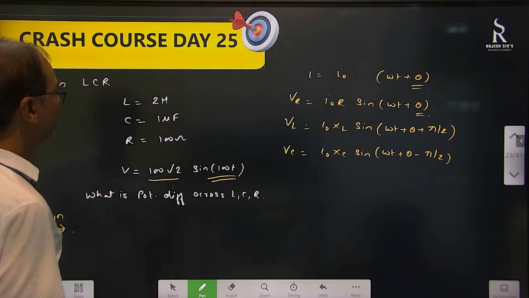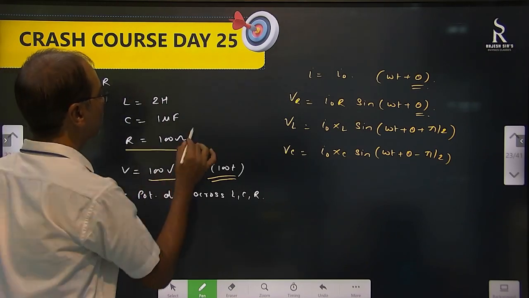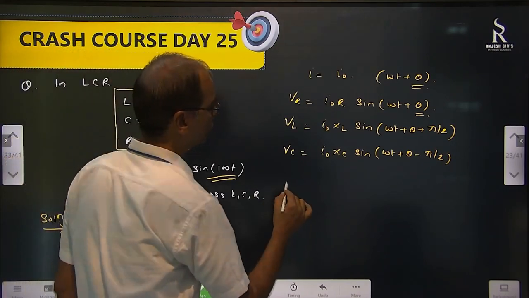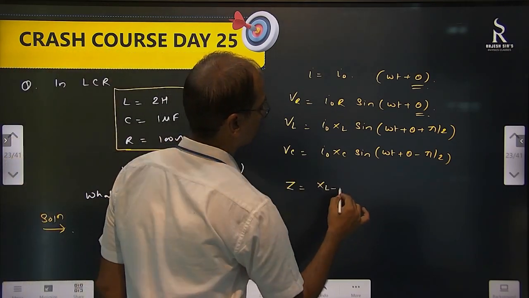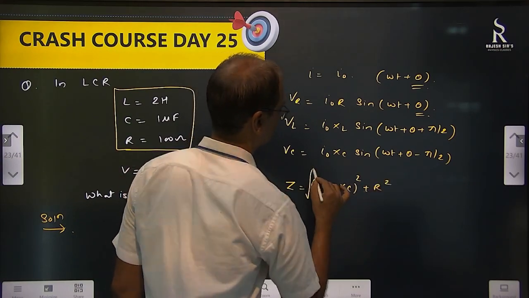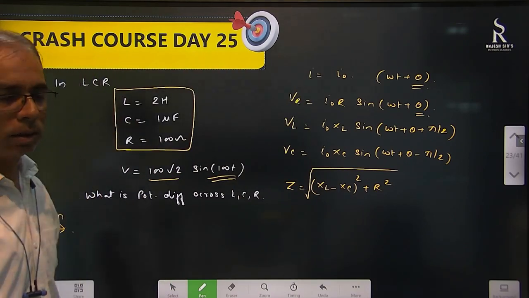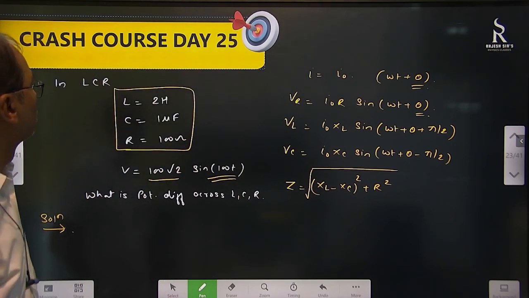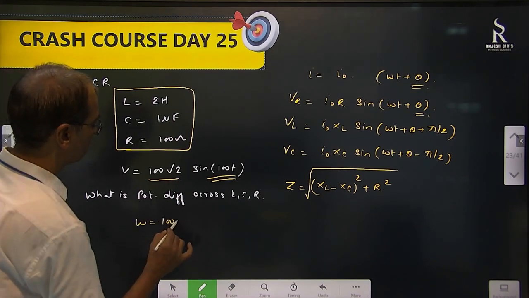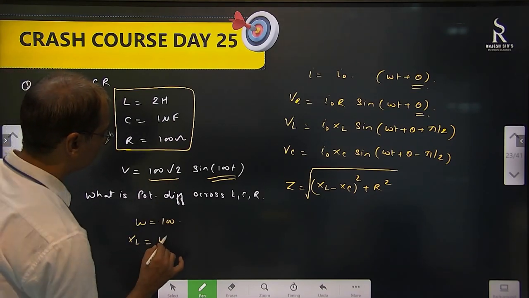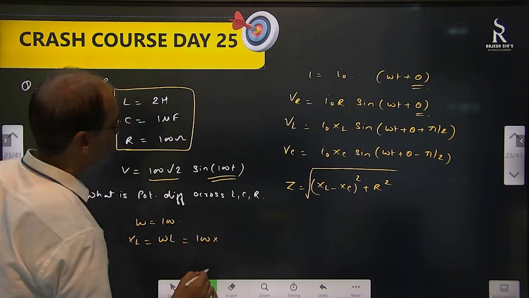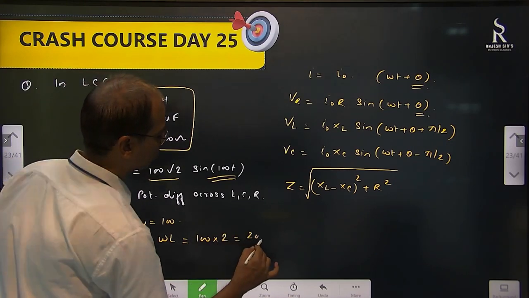So first of all I am going to find out the impedance of this, which we already know how to find. The Z value is the square root of XL minus XC whole square plus R square. Omega is given to you as 100. XL is omega L, that is 100 into L value 200, that means 200 ohm.